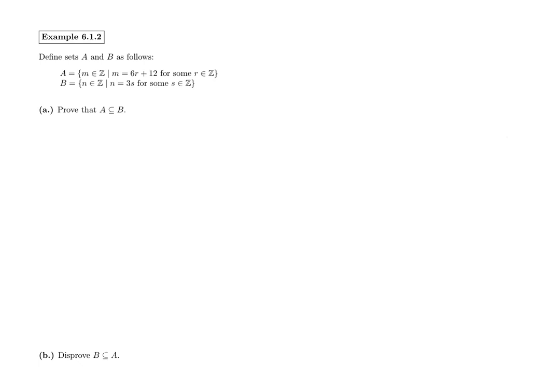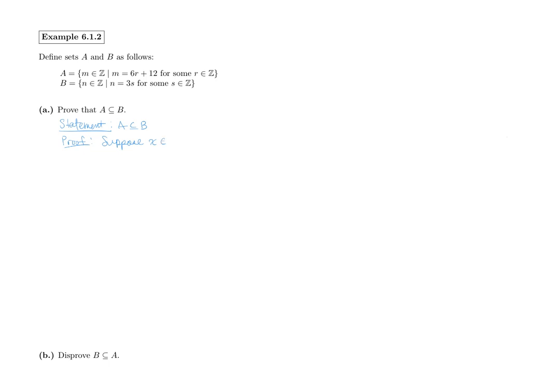So let's see how we would go about proving that A is a subset of B. Well, the funny thing is, our statement is literally going to be that A is a subset of B.